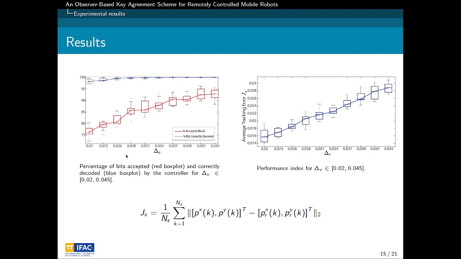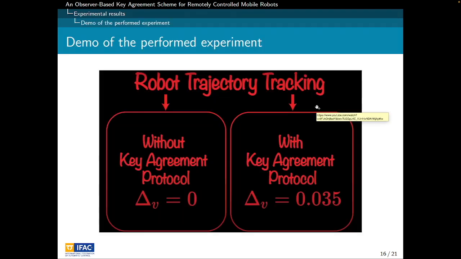As you can see, for the value of delta V equal to 0.035, it's the first value for which we have 100% correct decoding. And on the right hand side you can see the average tracking error for different values of delta V.